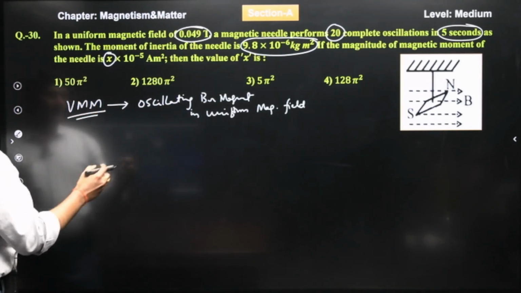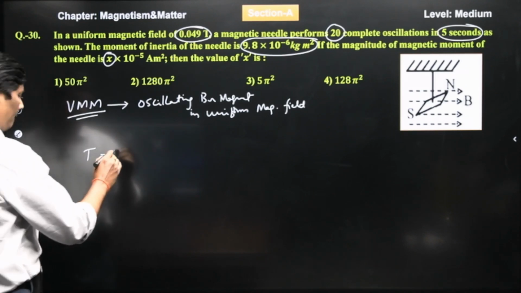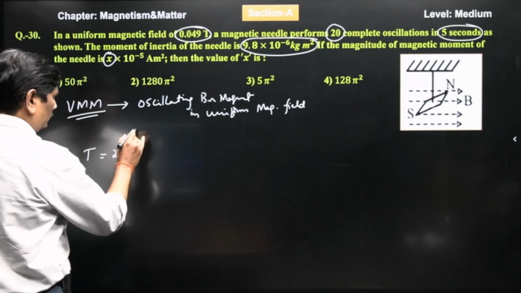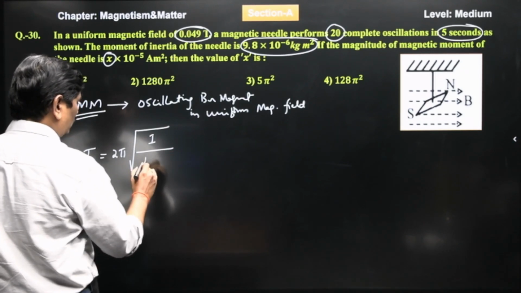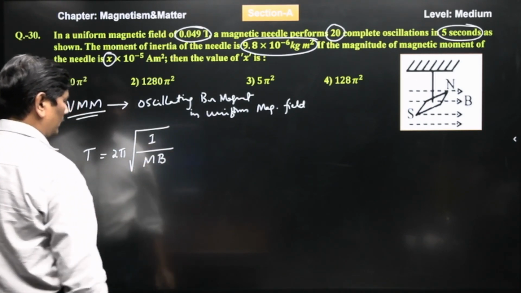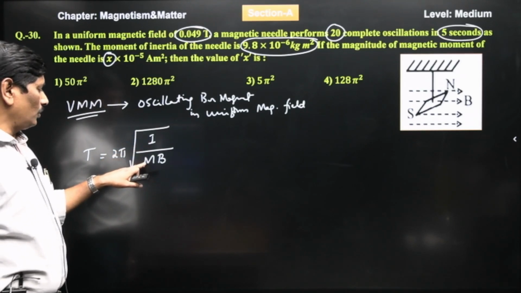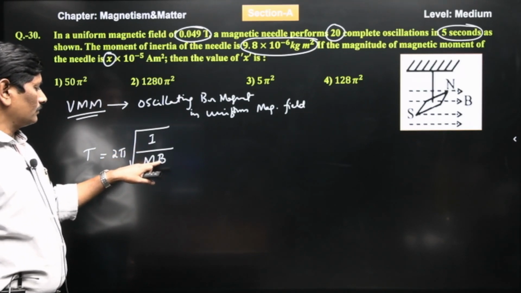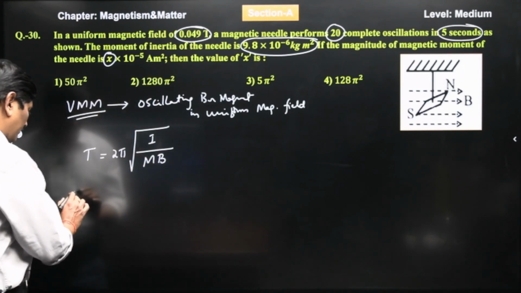In this situation, what is the time taken for one oscillation? That is the time period. The time period for an oscillating bar magnet in a uniform magnetic field is 2 pi into square root of I divided by MB. I is the moment of inertia, capital M is the magnetic moment of the bar magnet, B is the uniform magnetic field applied, and T is the time period.